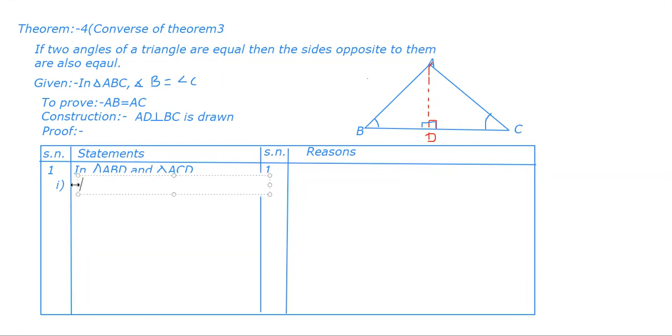Let's write here: angle ABD is equal to angle ACD. The reason is, if two angles are given equal, so it is given.